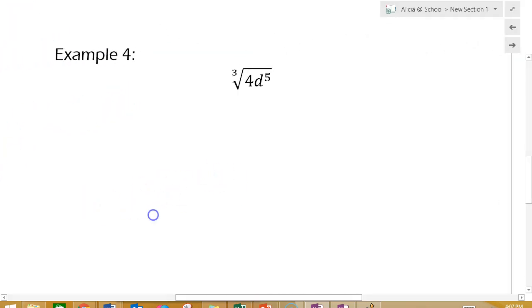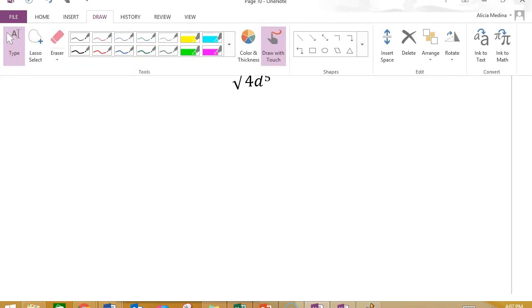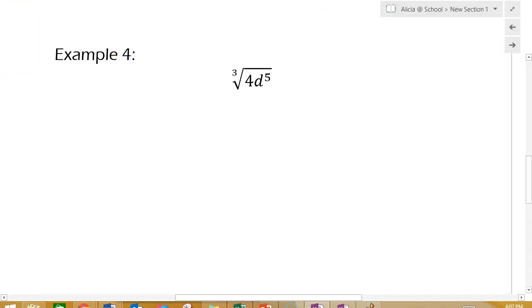Looking at example number 4. Now, we have to be pretty careful here because if we look at our base, you have to think of everything that is underneath that radical symbol. So if there's no parentheses there, it's always safe to give yourself parentheses, only because I need the exponent to go to the whole base.